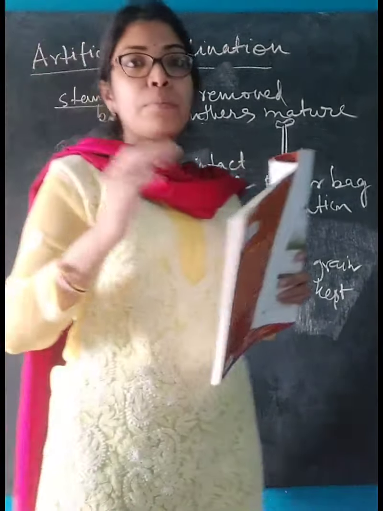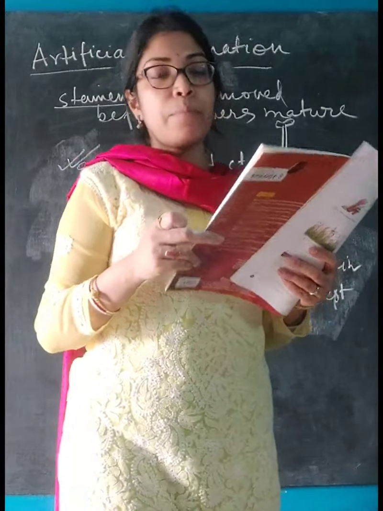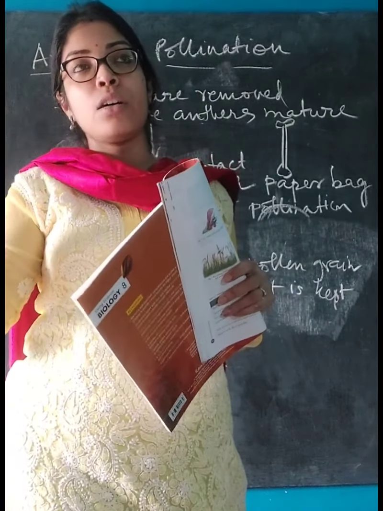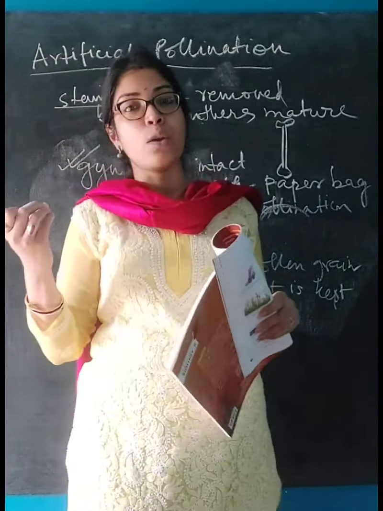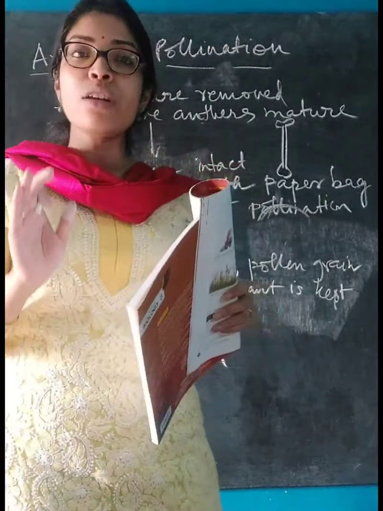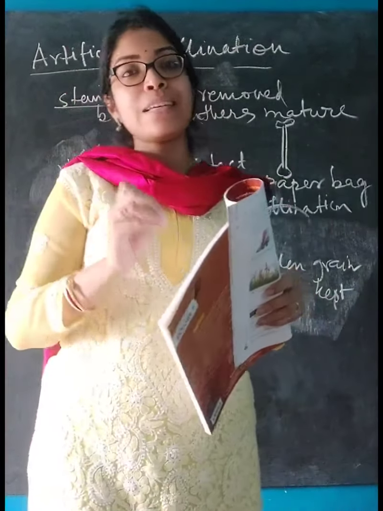So to do a small recap, first, from a bisexual flower, before the anther matures, the male reproductive part is taken out, and now it is no more a bisexual flower because only the female reproductive part is there. Now the gynoecium is intact in it.